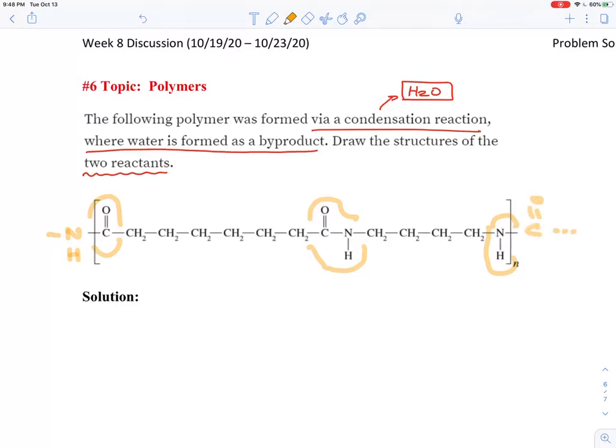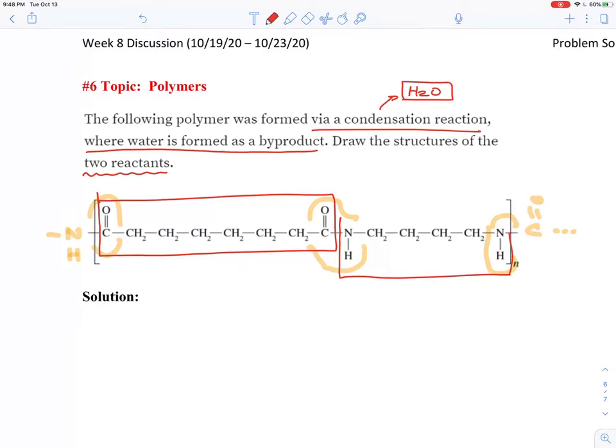Therefore, I can start to put it in here: this is coming from a diacid, and this is coming from a diamine.